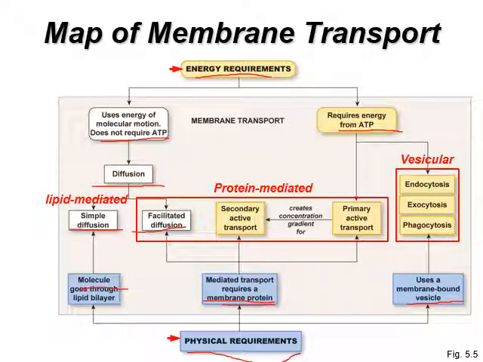And then we are going to look at active movement, and we're going to see primary, secondary across the membrane, and then the larger stuff we'll see, endocytosis, exocytosis, and phagocytosis. Okay, so first we're going to look at basically passive movement.